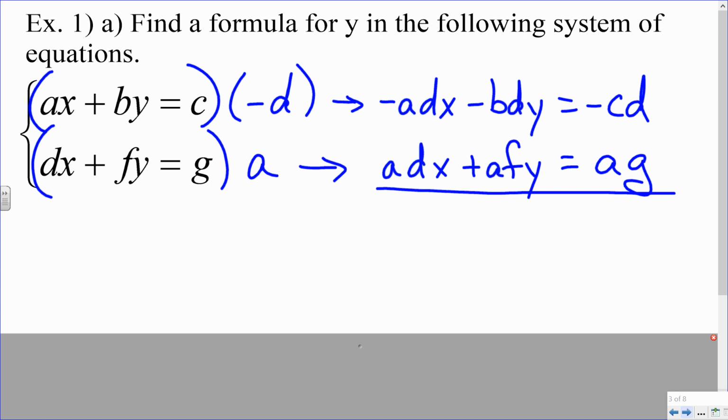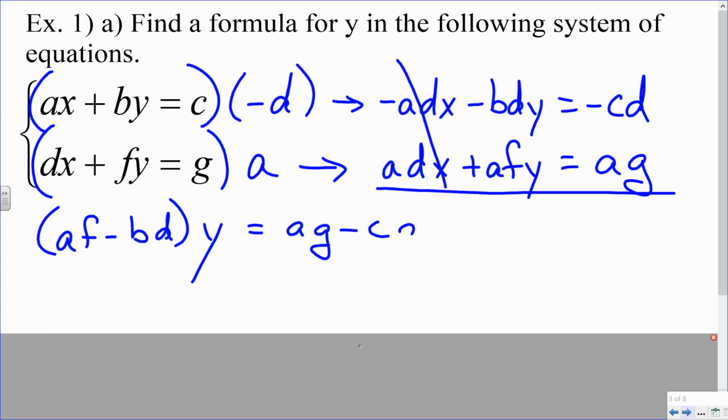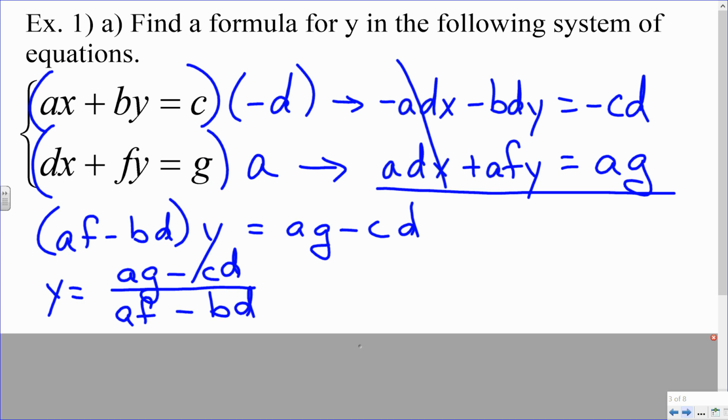And if I combine those, the x's do indeed go away. Looks like I will have AF minus BD times y and AG minus CD. So if I divide both sides by the parentheses, y is AG minus CD over AF minus BD. Does that look right to everybody?